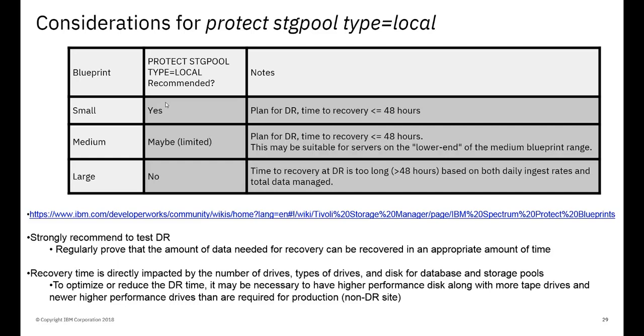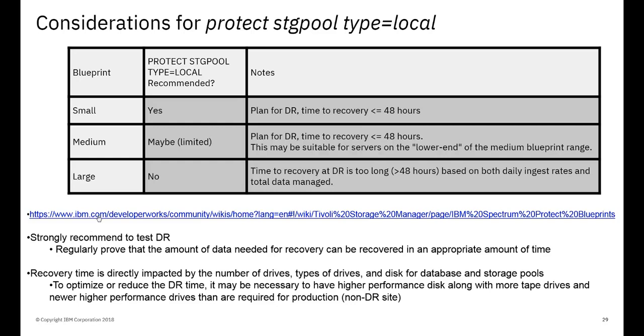It will work, but you do need to plan for a disaster recovery time of less than or equal to 48 hours. If it's a medium-sized Spectrum Protect instance, as outlined in our blueprints, then once again, you need to plan for the disaster recovery time, and just be aware that this is probably more suitable for servers that are on the lower end of the medium blueprint range.